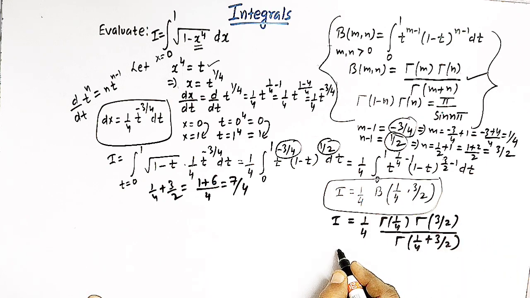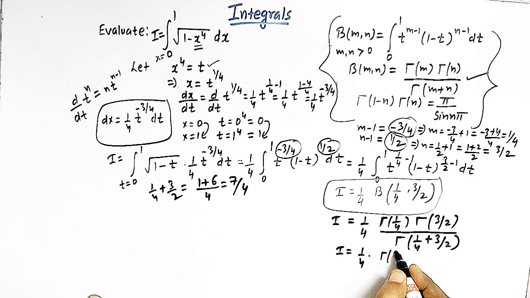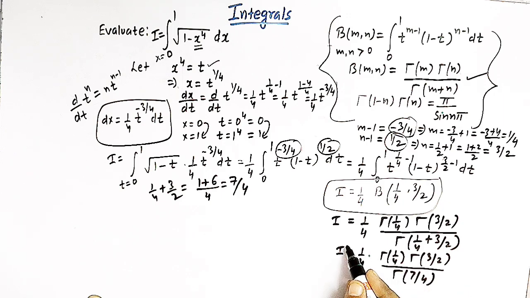So now we can write this integral I as 1 over 4 gamma 1 over 4 times gamma 3 by 2 divided by gamma 7 over 4. Now let us write the values of gamma 3 by 2 and gamma 7 over 4, because here we are going to express this integral I in terms of gamma 1 over 4.